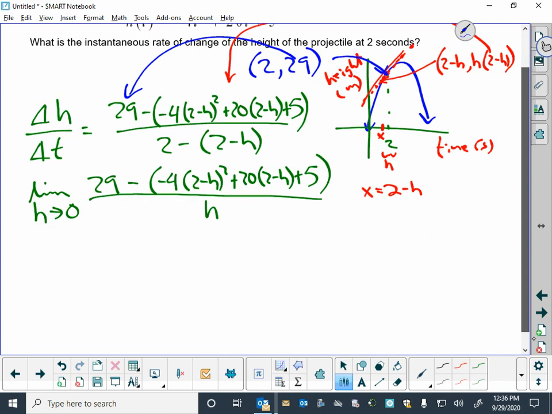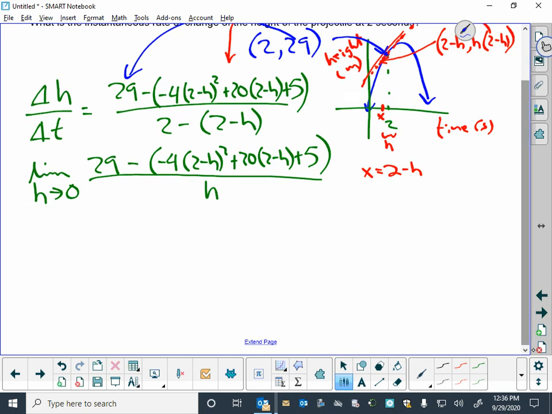Let's move along and keep working here. This will be the limit as h goes to 0. I want to keep that in mind, that I'm trying to squeeze that gap between these 2 points down to nothing.